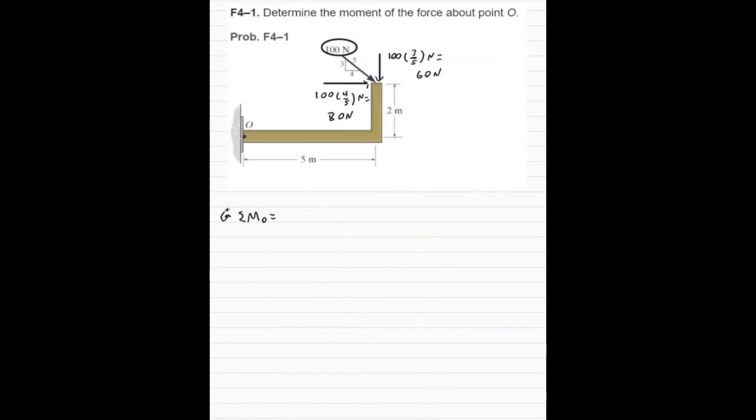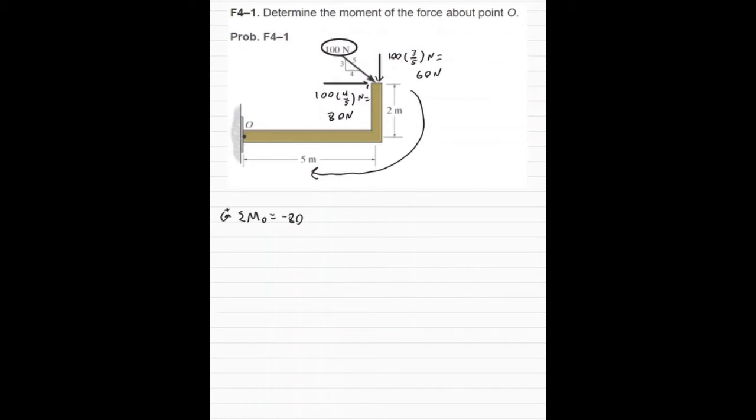So if you look at it, it's pushing this way. If you see it pushing this way, it's going to create sort of a clockwise motion of this bar. So that's going to be negative because it's pushing it clockwise.